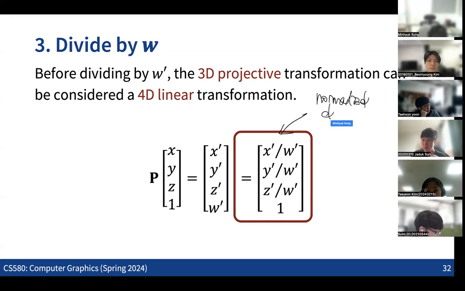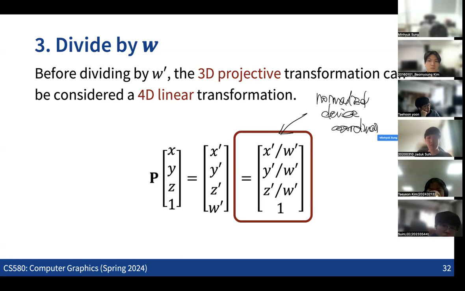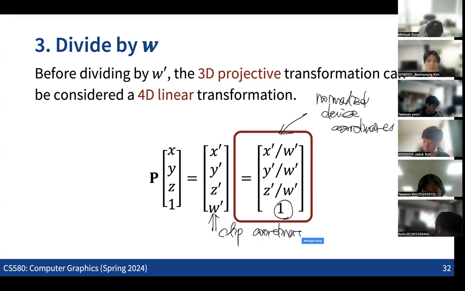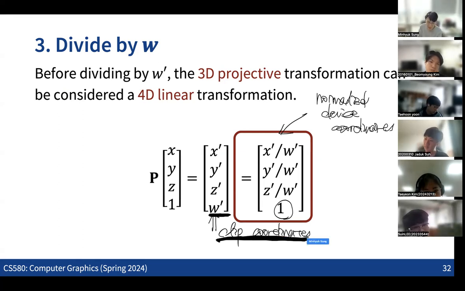device coordinates. And before dividing by W, these are called clip coordinates. We call these clip coordinates because we can perform the clipping with them before we do the division by W. But we're going to separate these two. We have the clip coordinates, which are just the output of multiplying the 4x4 matrix.